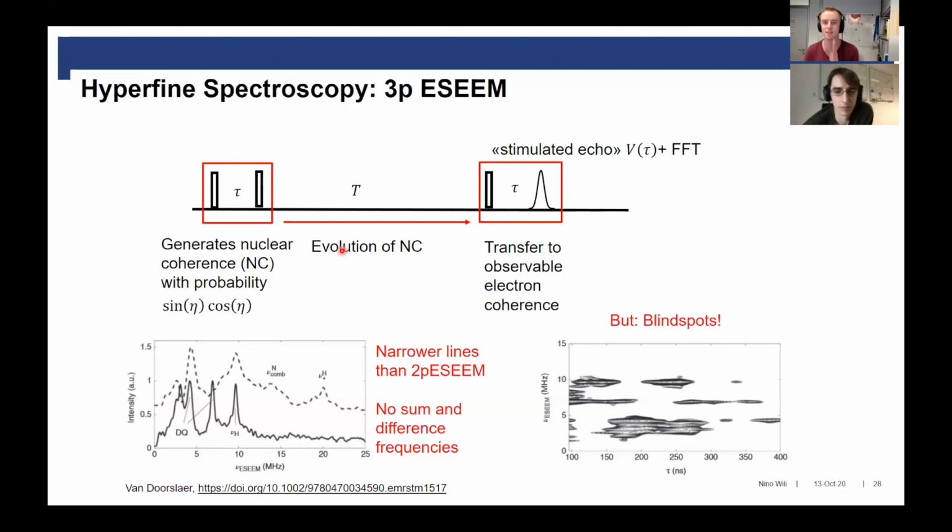Otherwise, if you look at an echo which comes from this pulse and this pulse, at some point these might go over the echo that you want. Then you have strange spikes in your traces, but you usually immediately see if this is very bad. This is what you usually need phase cycling for in EPR.